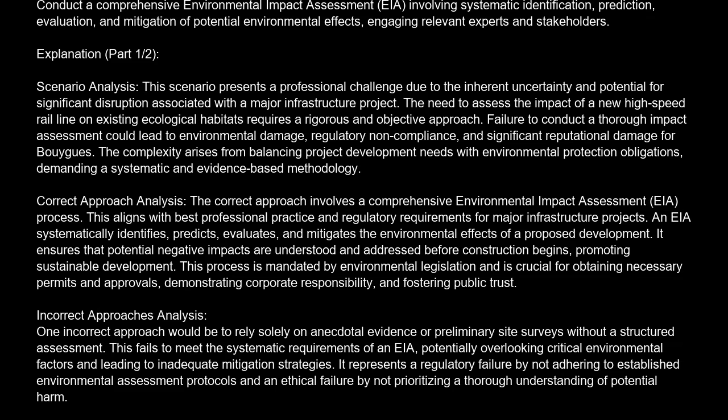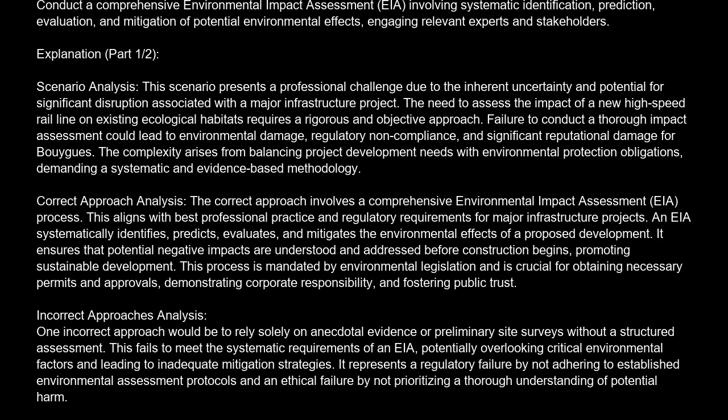The correct answer is A. Conduct a comprehensive environmental impact assessment (EIA) involving systematic identification, prediction, evaluation, and mitigation of potential environmental effects, engaging relevant experts and stakeholders. Explanation. Scenario analysis. This scenario presents a professional challenge due to the inherent uncertainty and potential for significant disruption associated with a major infrastructure project.